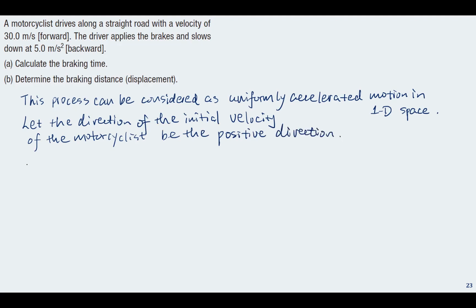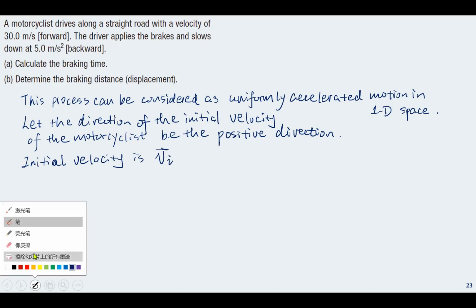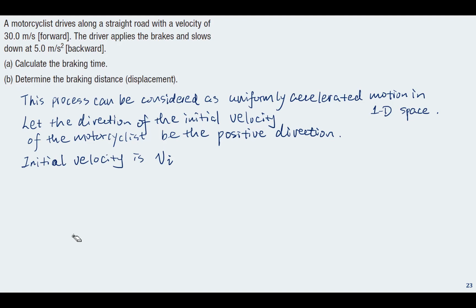Okay, so after you specify the positive direction, we know the initial velocity is vi. So here you could use either this symbol or just vi. For simplicity reasons, I'm gonna use vi here, okay? And use the symbols, a positive or negative sign, to specify the directions.